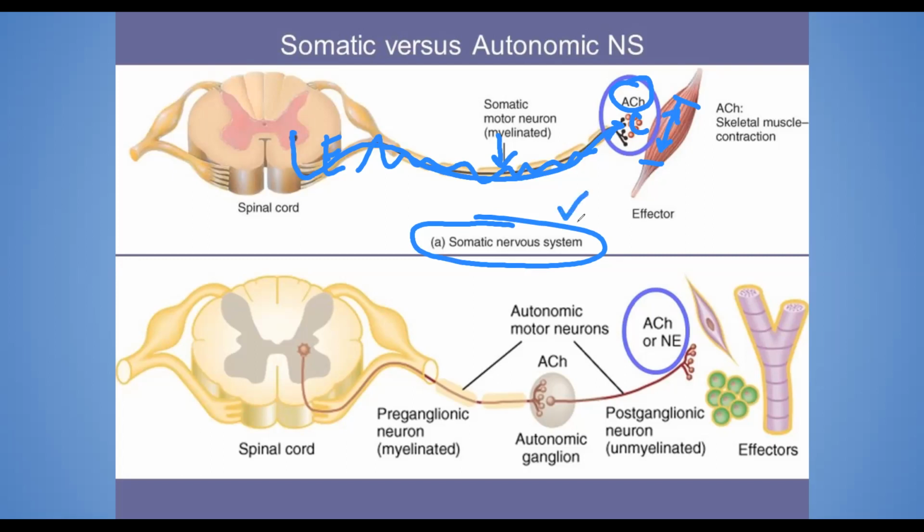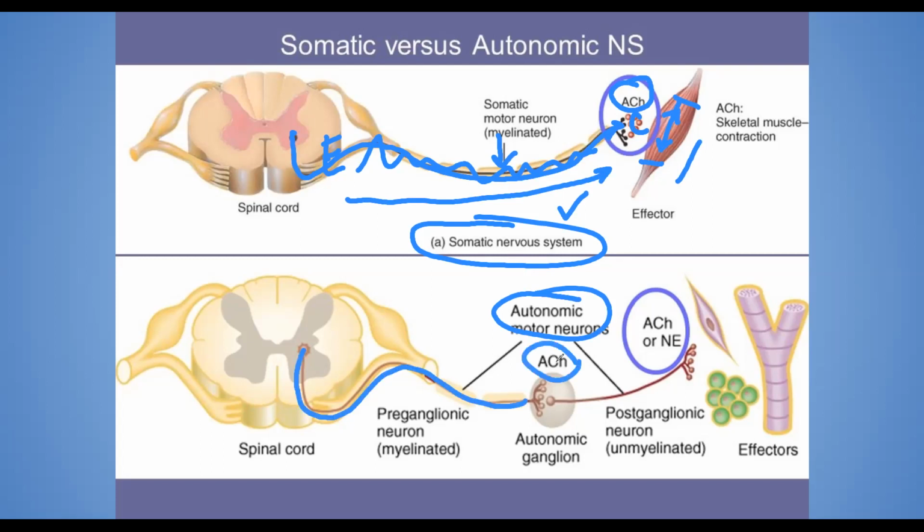If we compare that to an autonomic reaction, we can see that there are some differences. In our somatic nervous system, it really was one neuron that connected to a muscle, and we would have that voluntary control. With our autonomic nervous system, a lot of times it's a little bit more complicated. Here we have one neuron that is myelinated that's going to release acetylcholine to a second neuron.